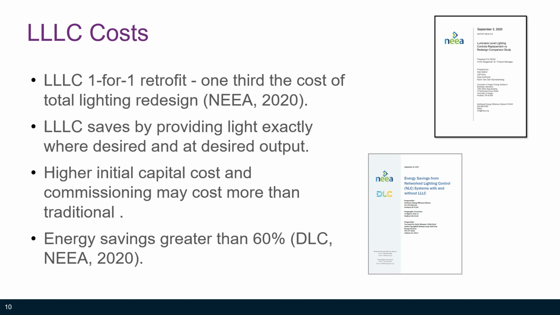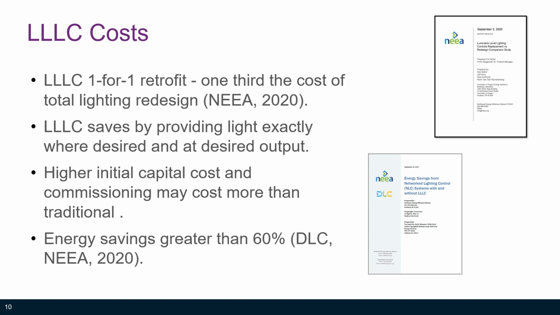Here, we mentioned that a redesign would be the hiring of engineers and architects to do complete analysis and drawings of a new networked lighting control system. Energy savings from the one-to-one replacement were comparable to those realized from a complete redesign of networked lighting control systems.